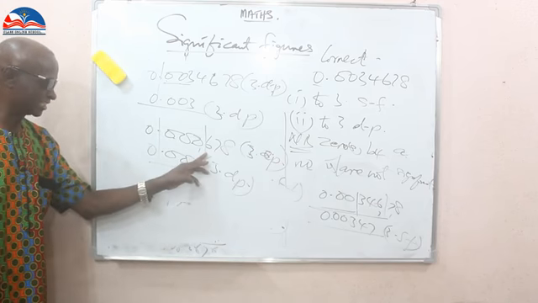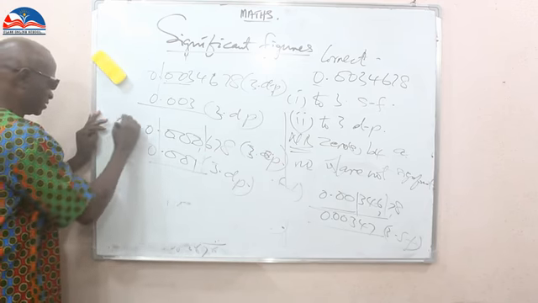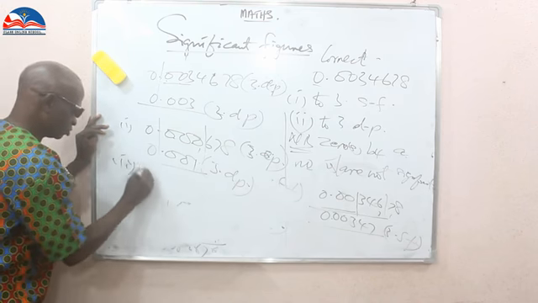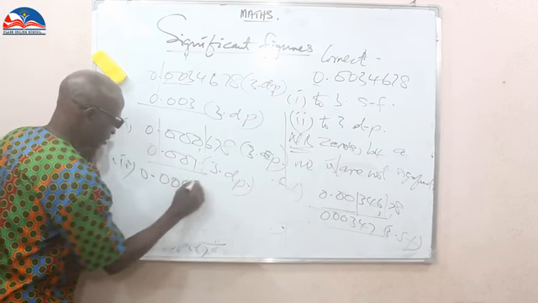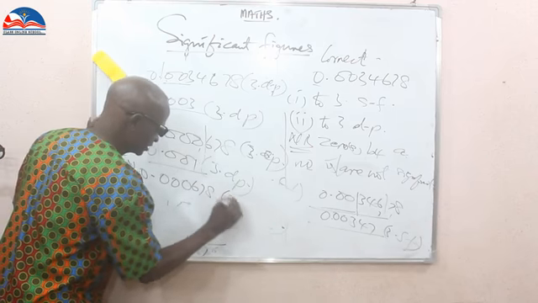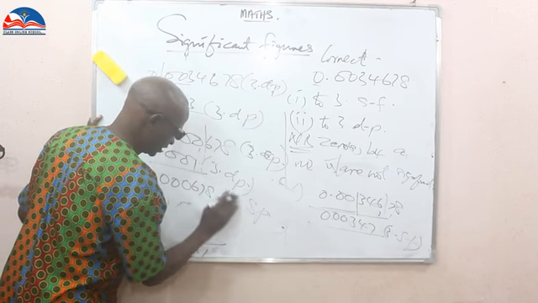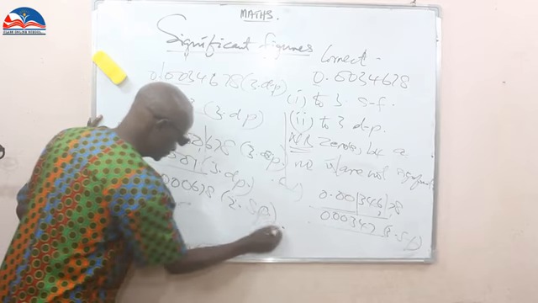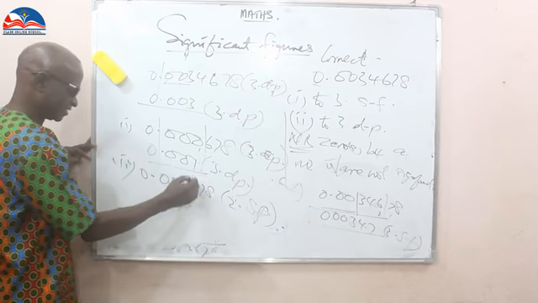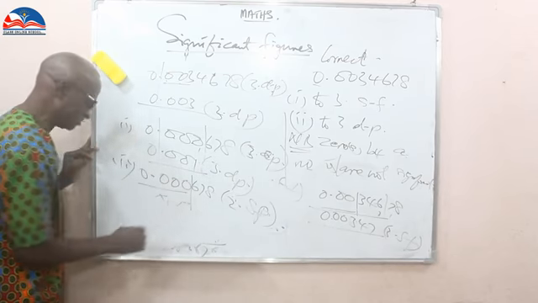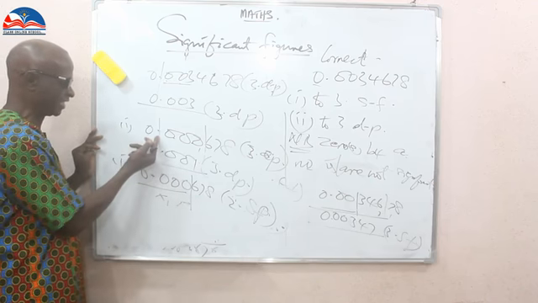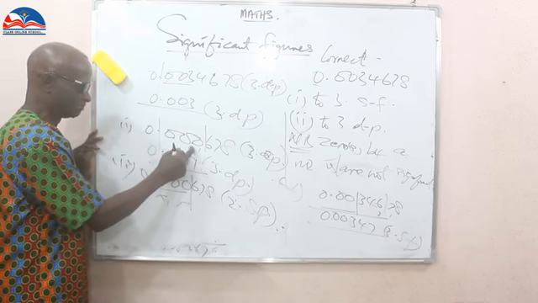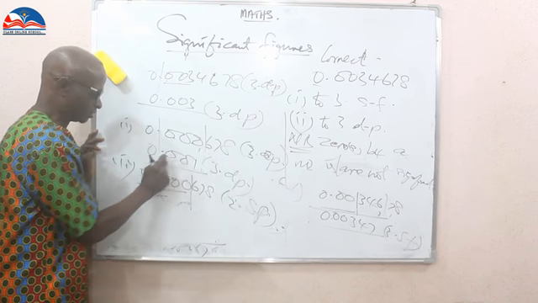Now if I take the same number again, 0.0006780, to 3 decimal places and to 2 significant figures, see what happens. You start counting from here. These zeros are not significant for significant figures. For decimal places, yes, that's significant: count them 1, 2, 3, the first 3 numbers, approximately 0.001.